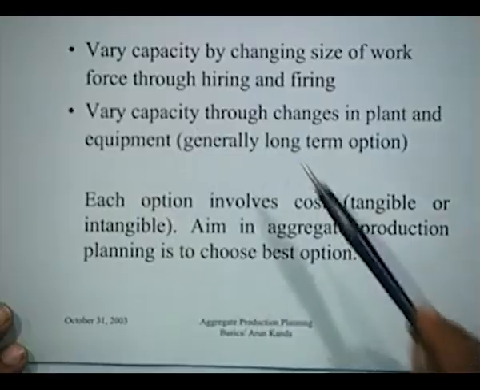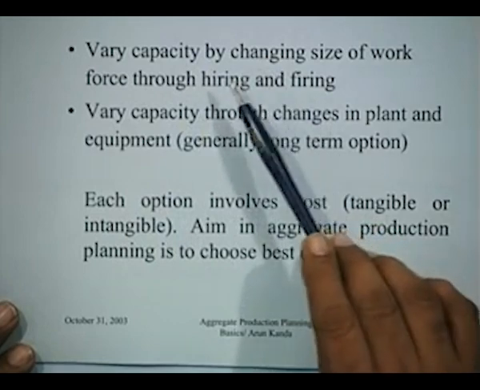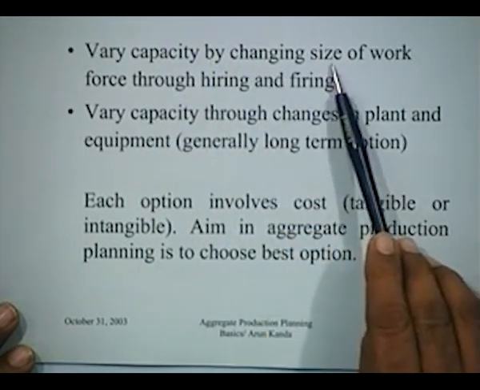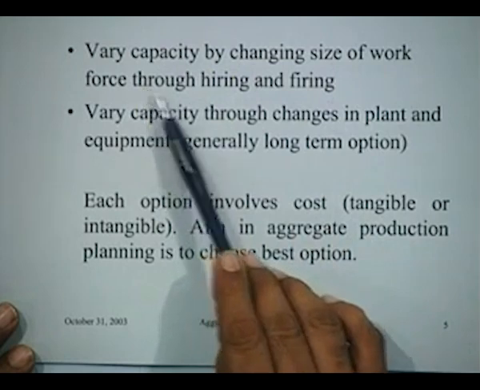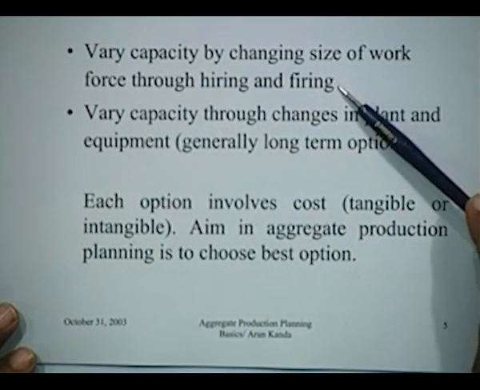The other option available to the manager for dealing with fluctuating demand is to vary the capacity by changing the size of the workforce through hiring and firing. It is a very common strategy these days, right. You probably heard or read a couple of days ago about Cadbury's laying off something like 20,000 workers all over the world, in their various plants.